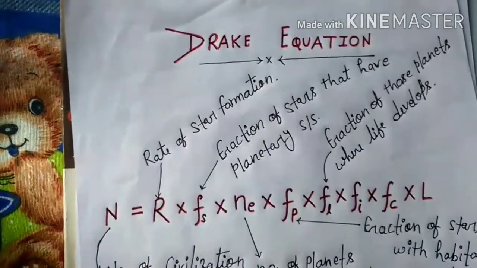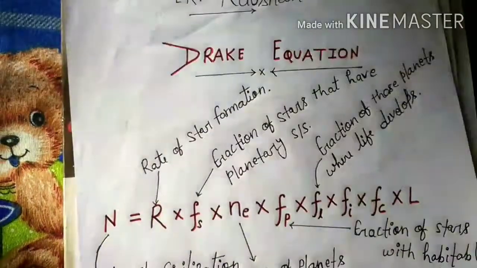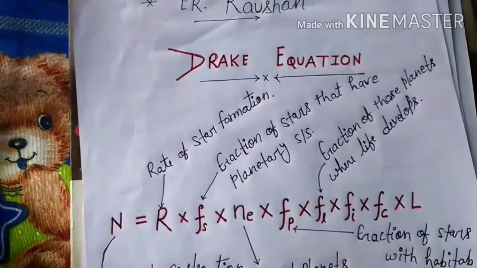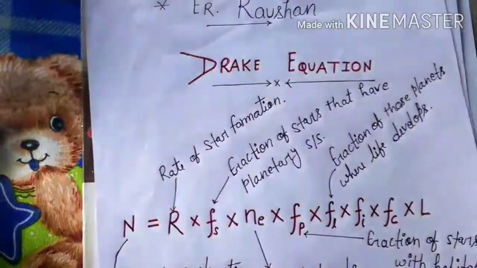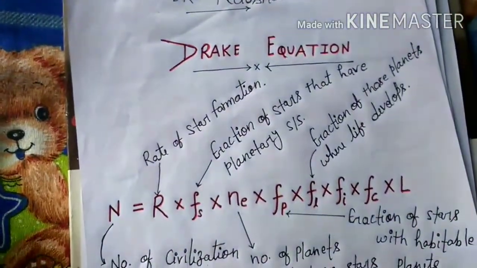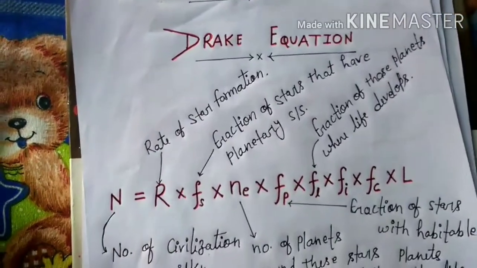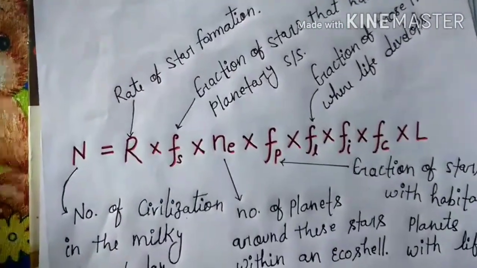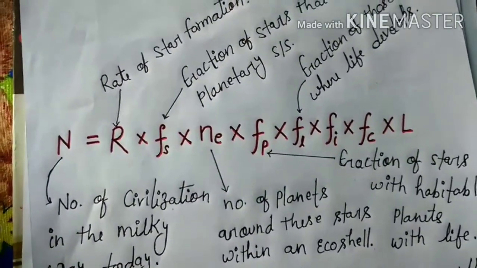You can see the Drake equation here. In 1961, an astronomer named Frank Drake described an equation known as the Drake equation. This equation estimates the number of alien civilizations in our galaxy with whom we might be able to communicate.